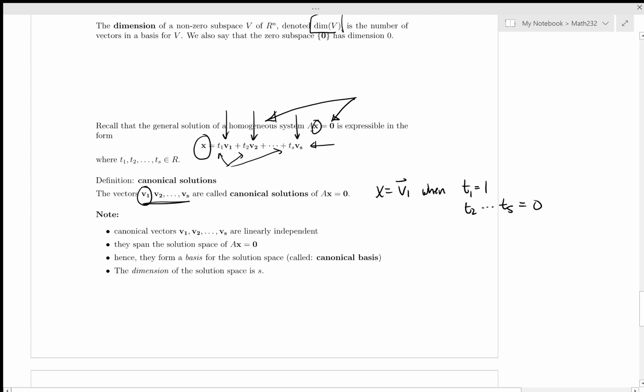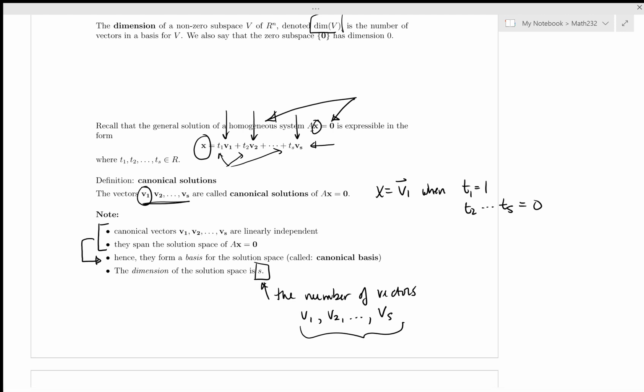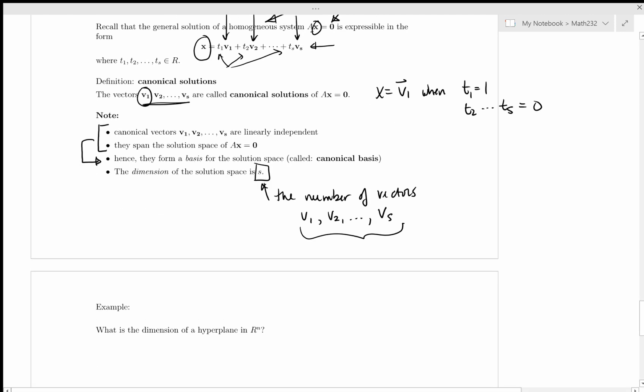As a result of these two conditions, linearly independent and span, they are a basis for the solution space, which we call the canonical basis. And the dimension of the solution space is little s, the number of vectors. So we have these vectors v1, v2, through vs. There are s of them. That is the dimension of the solution space. That is our definition of dimension.